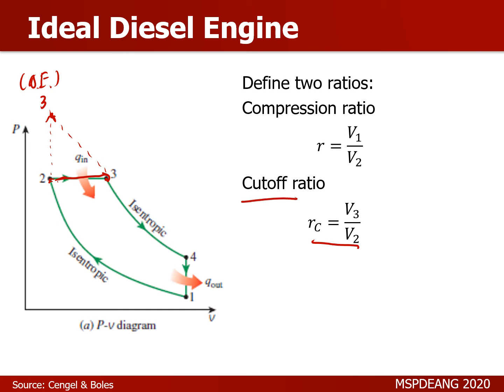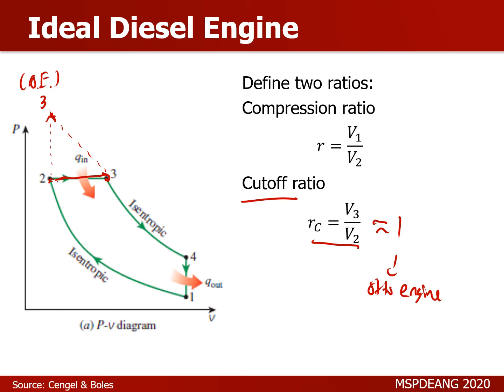And if the cutoff ratio approaches 1, V3 is equal to V2, you now approach your auto engine performance, and then the step 3 to 4 and 4 to 1 are still the same processes.